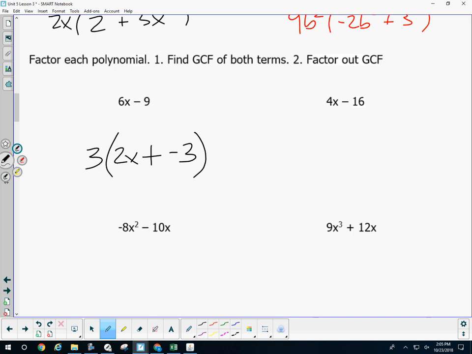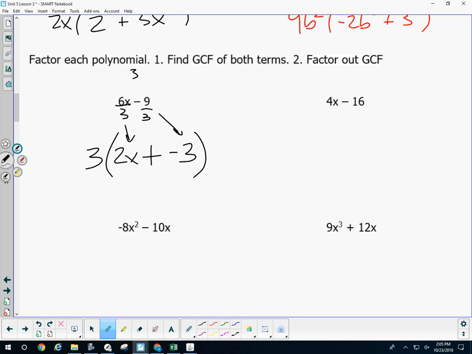And we should be able to get 2x minus 3. If we can't see it's 2x minus 3, you say, okay, 6x and 9, they share a 3. Divide both of those things by 3, and you should be able to figure it out that way.